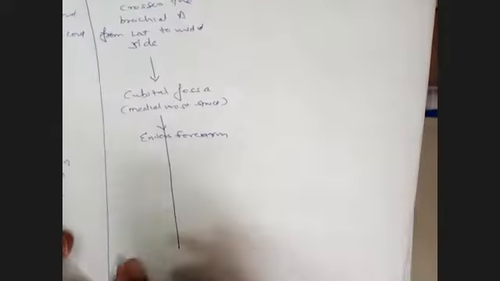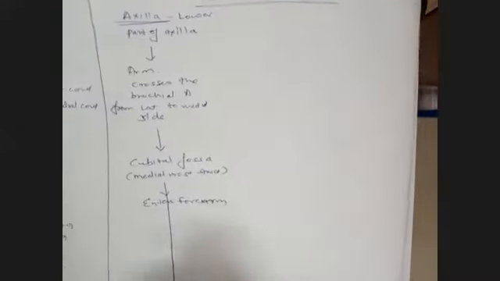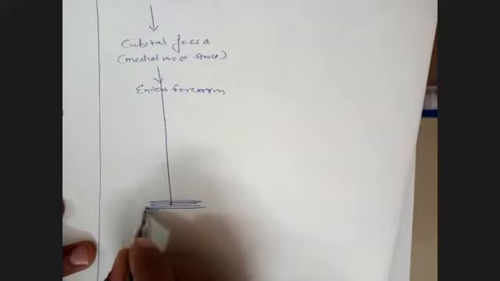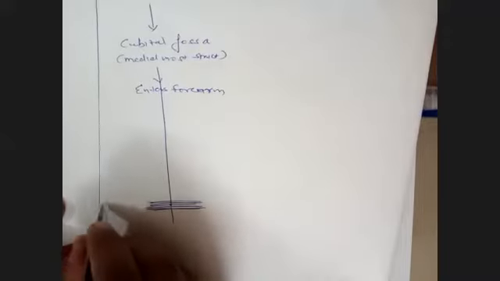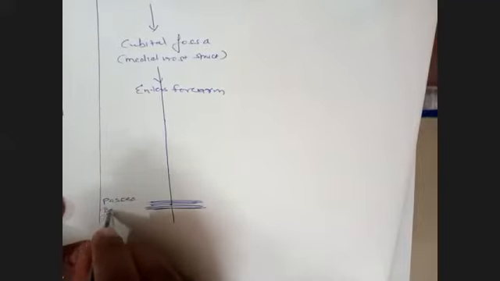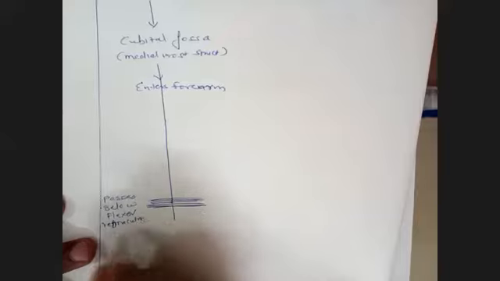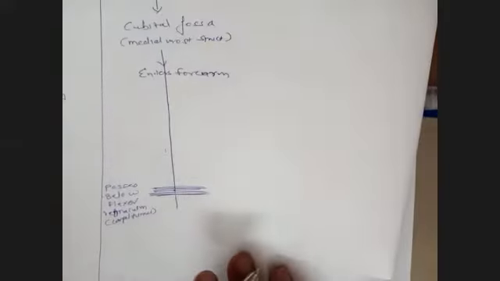Then it passes into the hand by passing below the flexor retinaculum, which is also called the carpal tunnel, and then enters the hand and supplies some muscles in the hand.